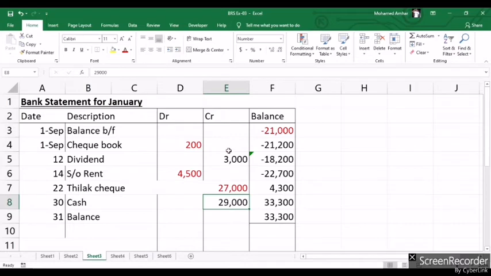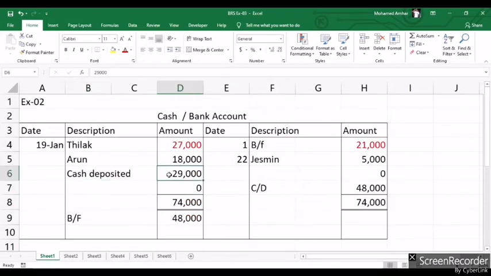So now apart from this ticked amount, what is balance here? This is 29,000, okay, here credited, and in the cash book debited. Right, debited. So apart from this ticked amount, there is one balance 18,000, that is Arun check, that is unrealized check.